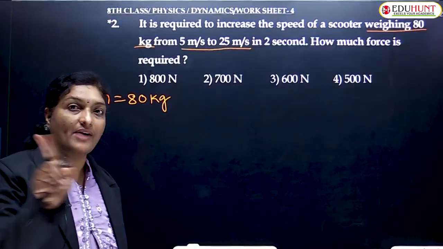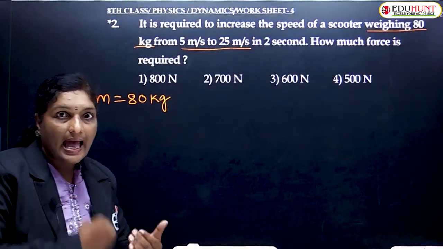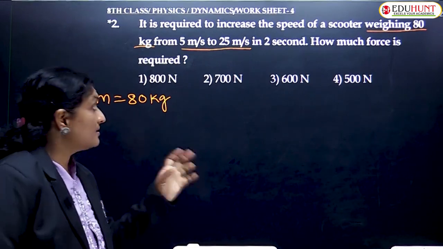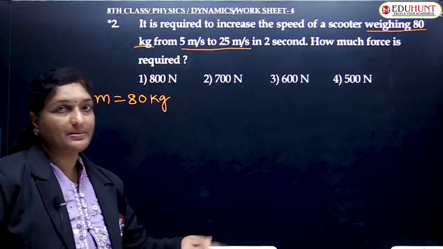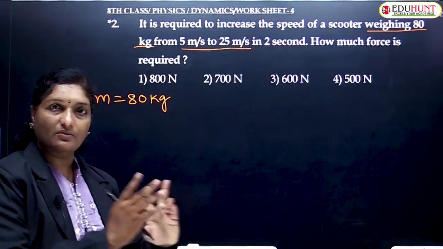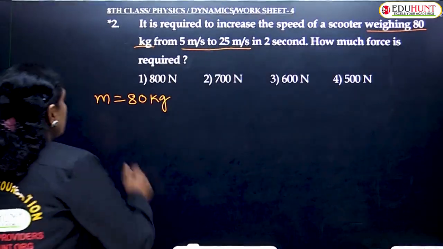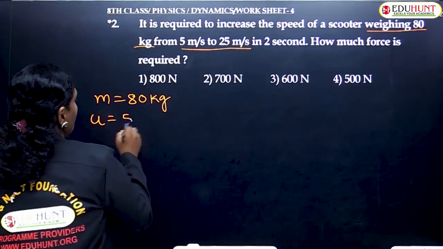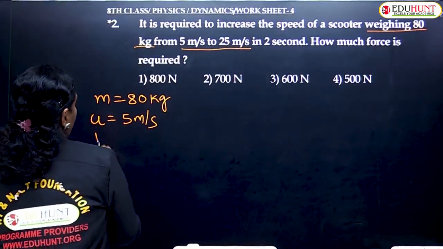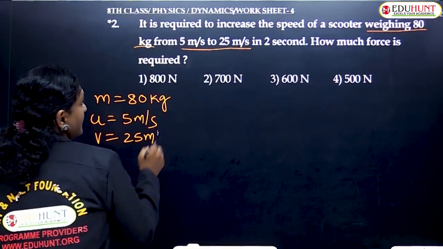First speed was 5 meter per second, next speed was 25 meter per second, that means it is accelerated. So that means initial speed and final speed. The direction is the same because the scooter moves in one direction. So initial velocity I represent as 5 meter per second, and final velocity as 25 meter per second.